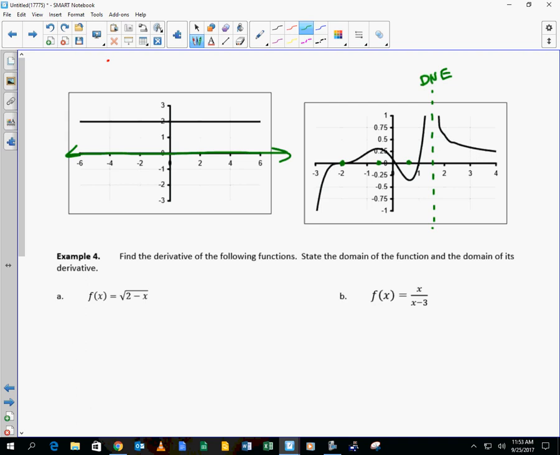How about to the left of this spot? Derivative is positive. How about in between these two? Still positive, so it doesn't switch from positive to negative. It goes positive, positive. And then how about between these two? Negative.